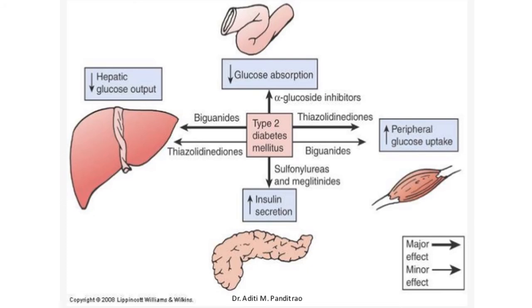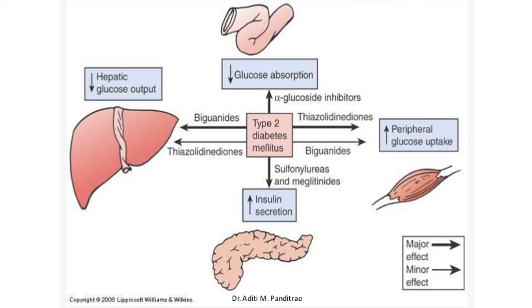So you can see with thiazolidinediones, the major effect is of increased peripheral glucose uptake, and the major effect of alpha glucosidase inhibitor is the decreased glucose absorption from the intestinal tract. Similarly, with biguanides, the major effect is on liver, that is decreased hepatic glucose output, and the minor effect of biguanide is increased peripheral glucose uptake.